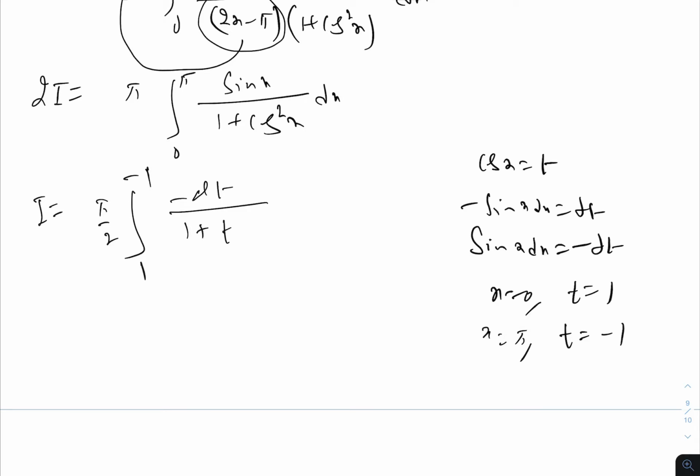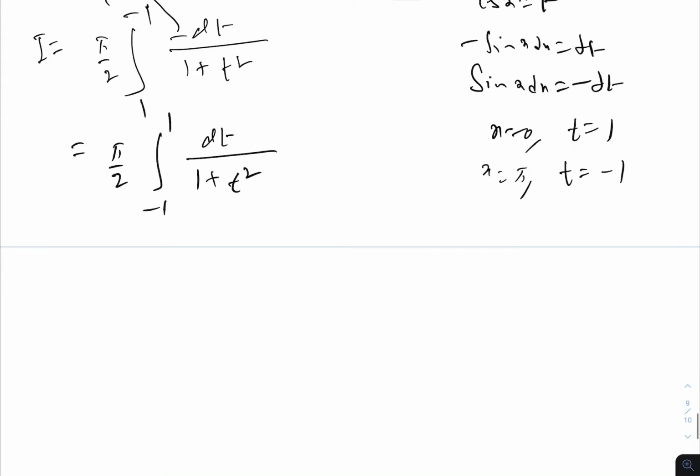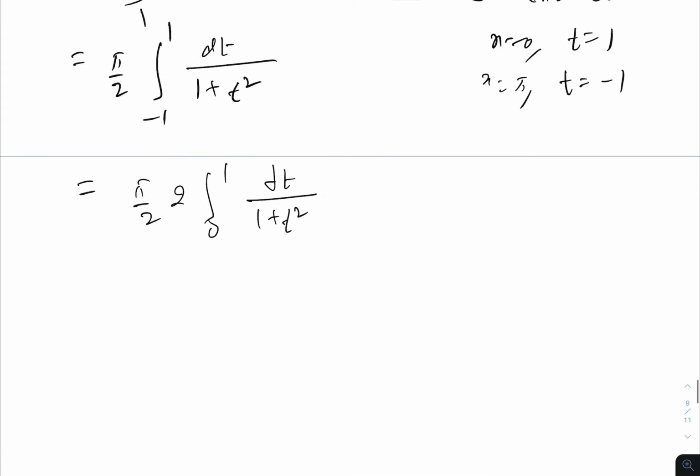This is 1 plus t square, and we can use this minus sign to change the integration ends. Minus 1 to 1 dt over 1 plus t square. Again this is an even function. You can write pi by 2 times 0 to 1 dt over 1 plus t square.